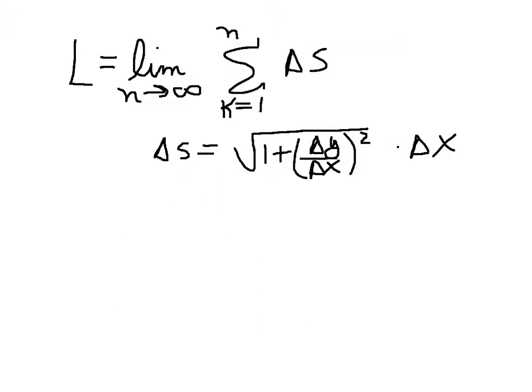So here's what we know. We know that if we let n go to infinity, in other words, let delta x go to 0, the delta s and the actual length will be exactly the same.